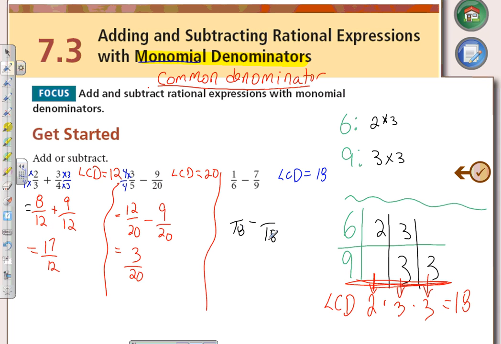And then you'll say, okay, what did I have to multiply the first fraction by to get to 18? And we know that it was 3 over 3. That can be found from this table by looking at the 6 from the first. Which one of these is blank? We're missing the 3 column.